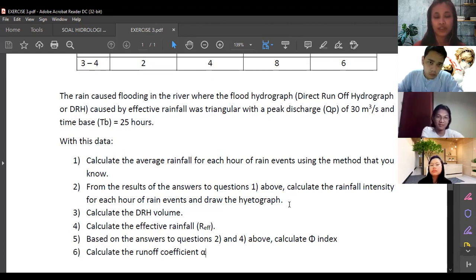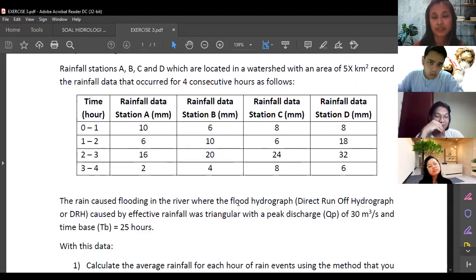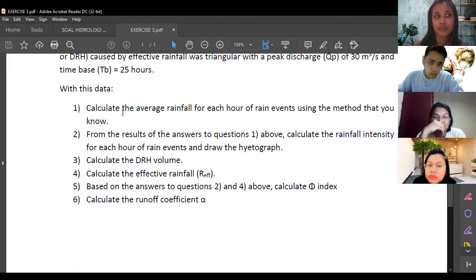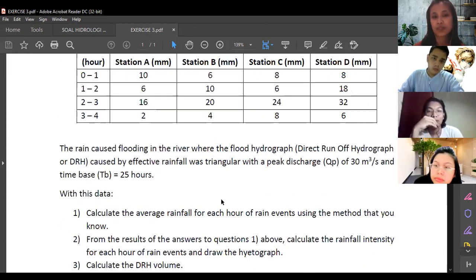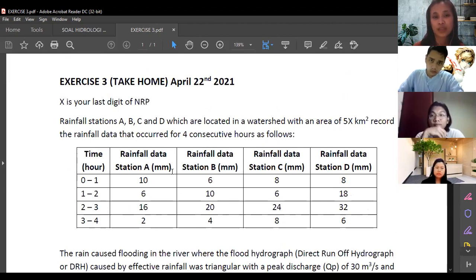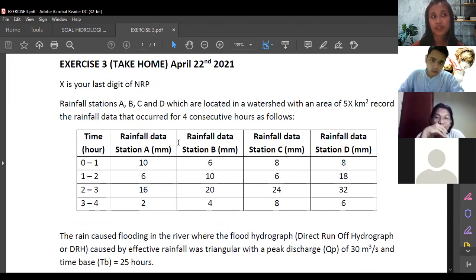Okay, you can also do it together with your friends, because it has the same problems. The differences are only in this area. I hope you understand how to do this problem, because usually in the exam there is this type of question.